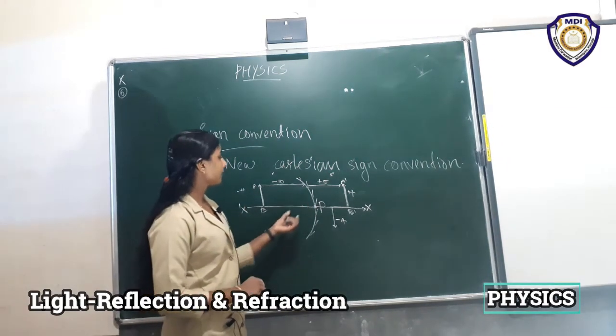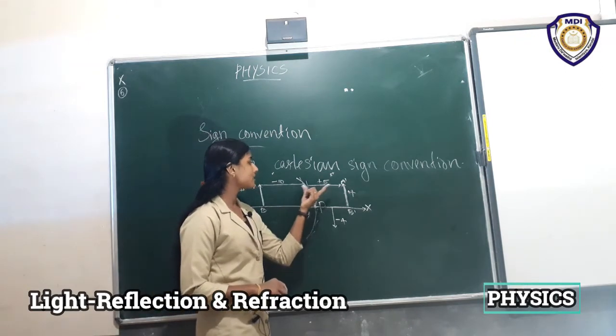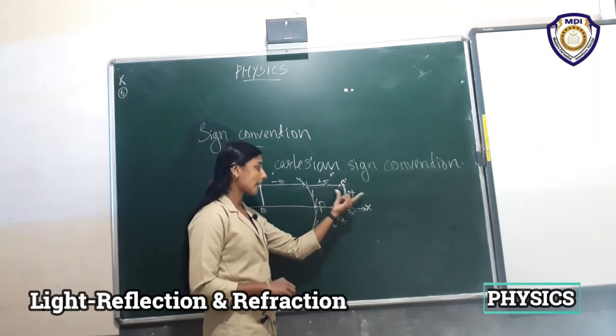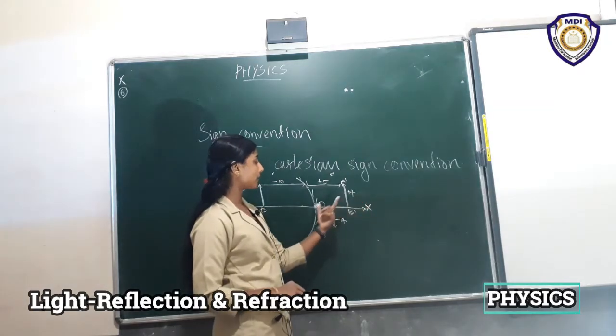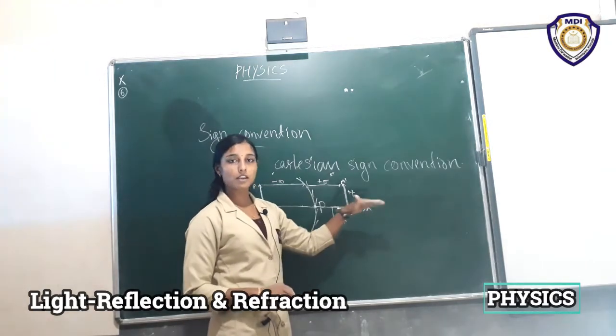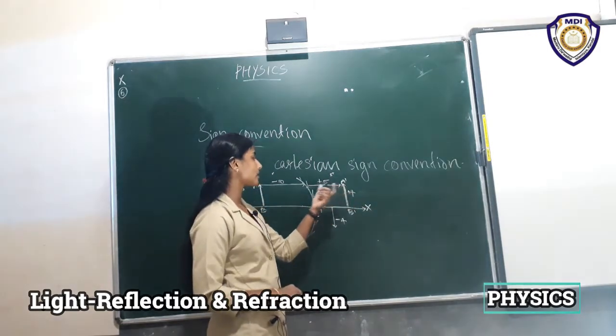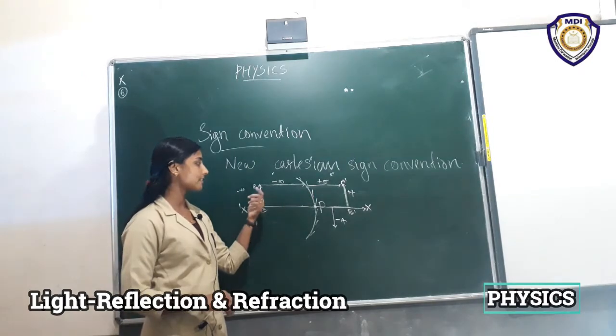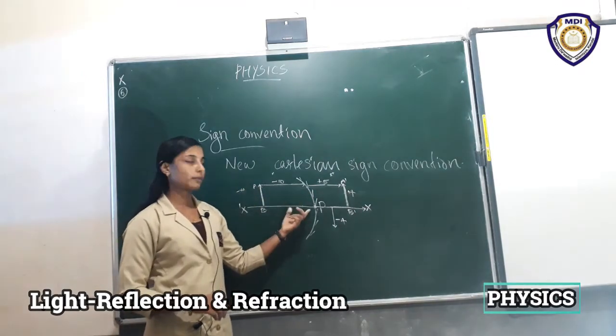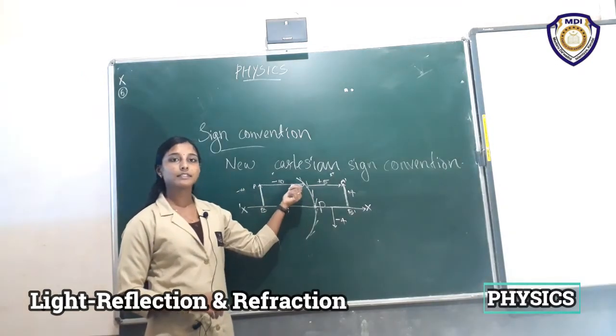Distances to the right of the pole, along the positive x-axis, are taken as positive, and those along the negative x-axis are taken as negative.